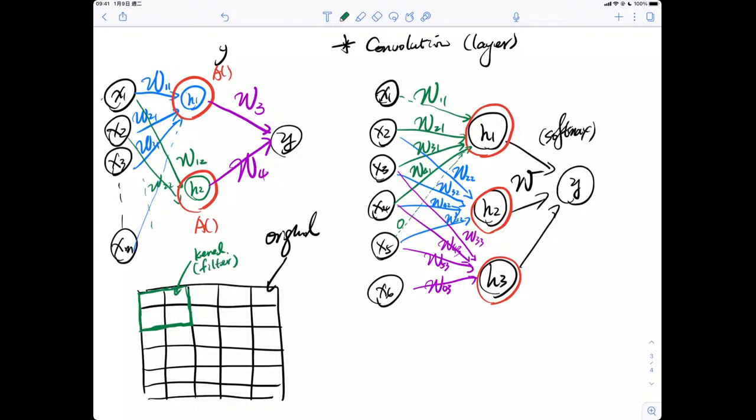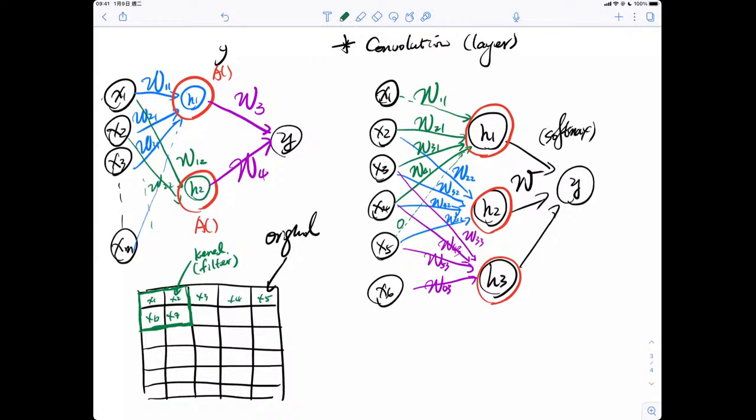So at this moment, you only focus on x1, x2, x6, and x7. That is the first area you focus on.